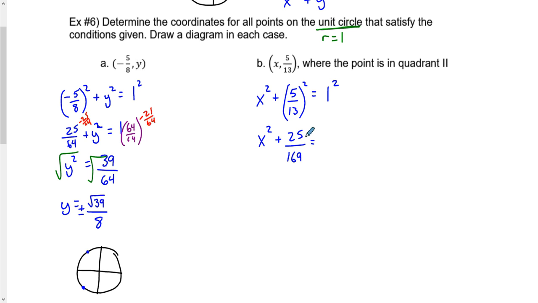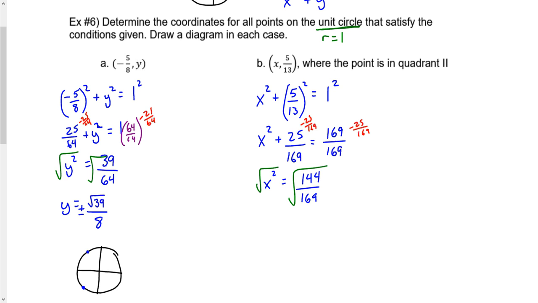I know that I'm going to have to subtract some stuff over, so I'm just going to go immediately to making that common denominator. 169 over 169, because that is just 1. And then I'm going to subtract the 25 over 169. We have 144 over 169.